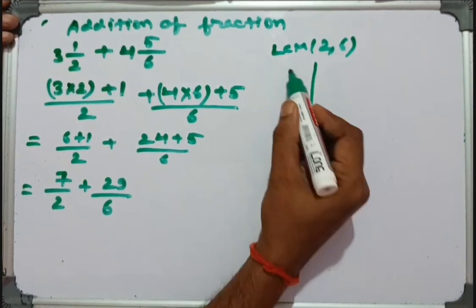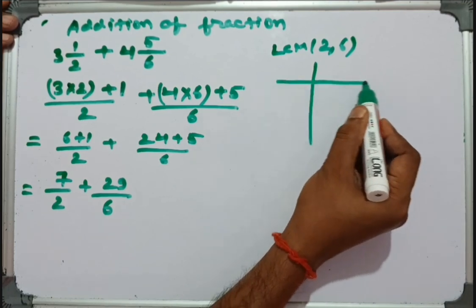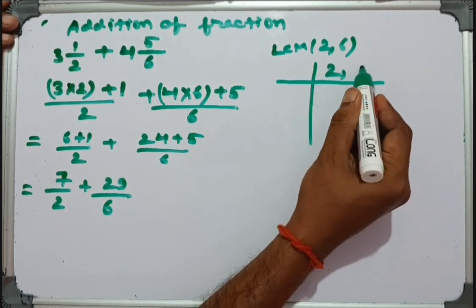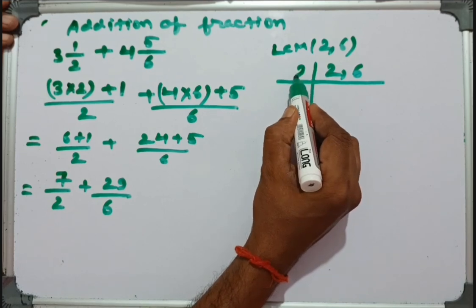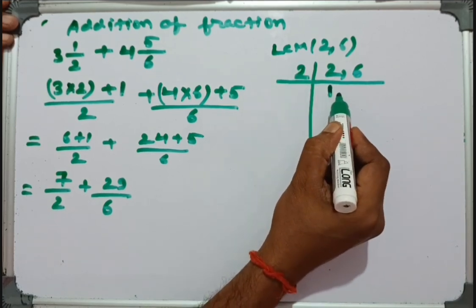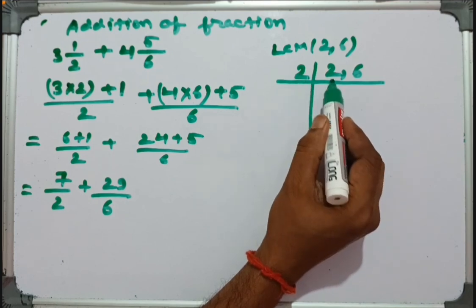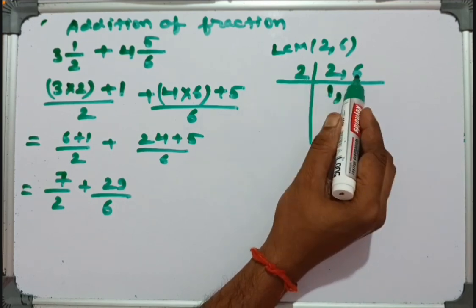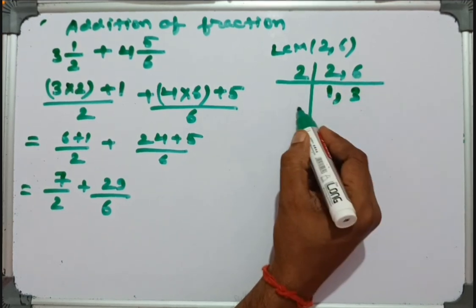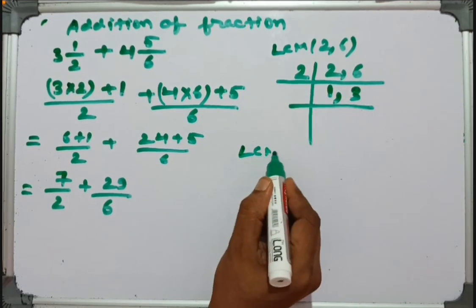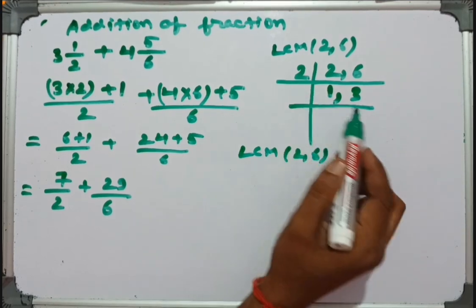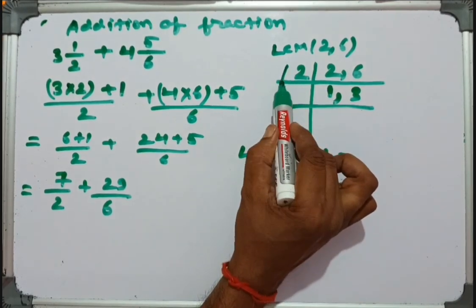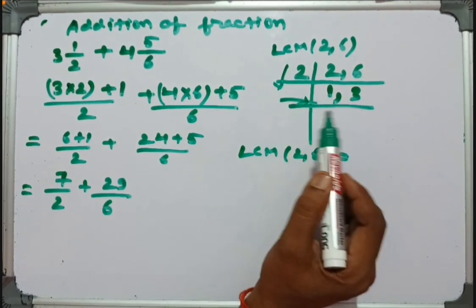What shall we do here? Just make a vertical line, a splitting line, write 2 here, 6 here. We write a prime number first, which is 2. When we divide 2 by 2, it is 1. When we divide 6 by 2, it is 3. So LCM of 2 and 6 is equal to, we write from here first, then go in this direction.